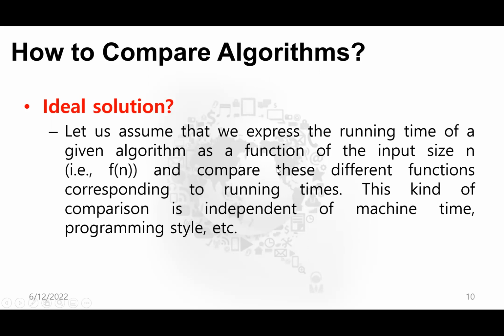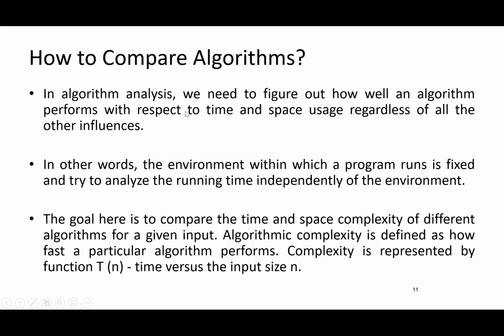So if we use this method to compare the algorithms, this comparison is actually independent of the machine time, and also the programming style, whether your code is long or short, and so on. That's why, when we look at algorithm analysis, we need to figure out how well the algorithm performs with respect to time and space, regardless of all the other influences.